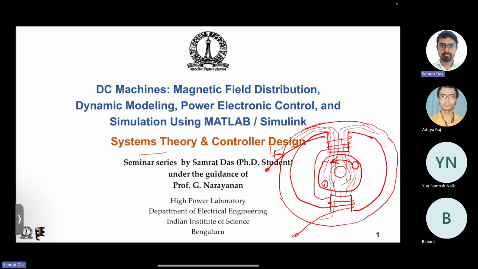But for the field winding, there is no change of the flux linkage of the coil with rotor rotation, because there is no effective change of the inductance of the field winding. So that is why, in the field winding, even if the rotor rotates, there is no induced EMF.